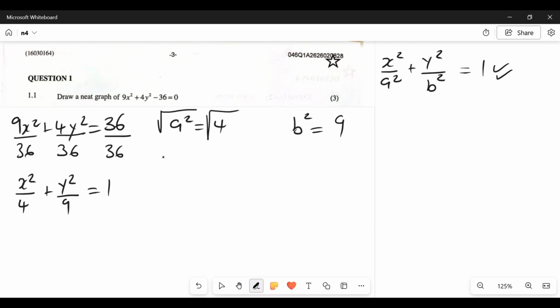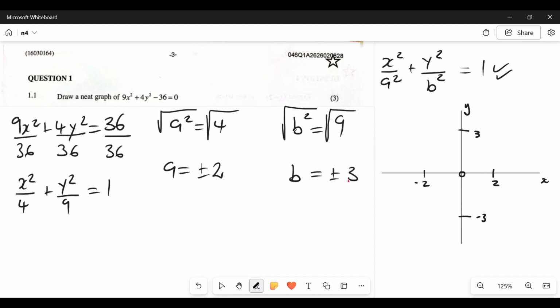Our a here is going to be plus or minus 2, because the square root of 4 is 2. Same thing with b there. The square root of 9 is 3, so b is going to be plus or minus 3. We know a and b. So let's draw the Cartesian plane and we will be able to draw the graph.